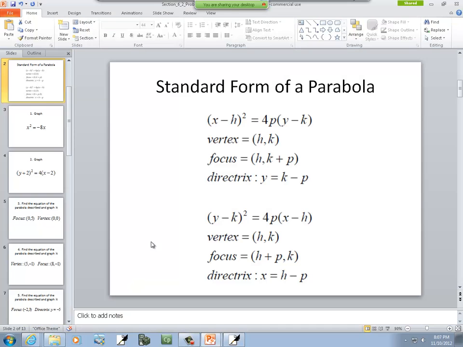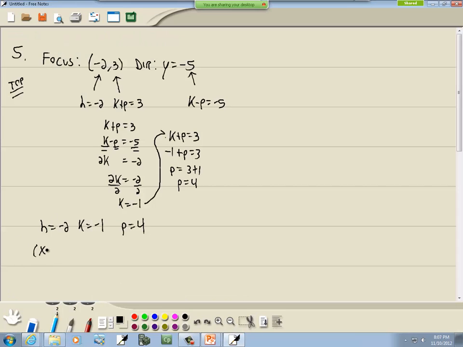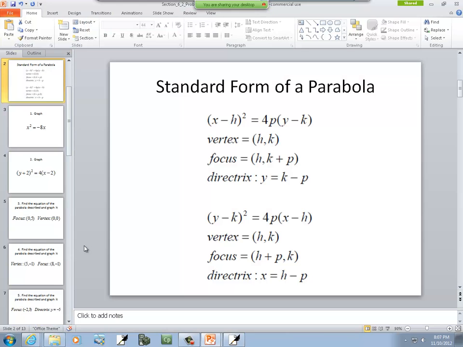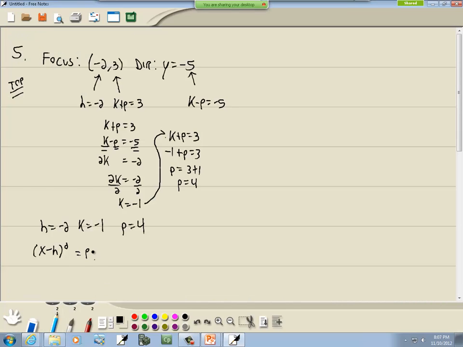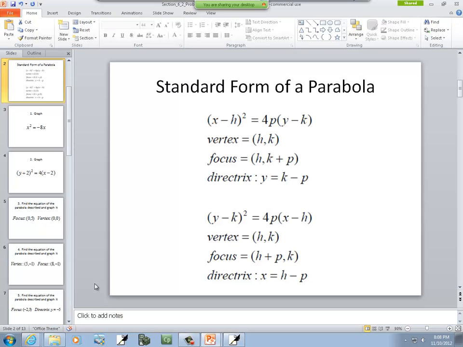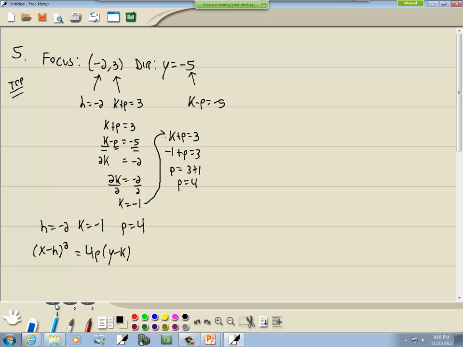Okay. Now we started dealing with the top formula. So we got x minus h squared is equal to 4p times y minus k. Okay, so we got x minus h, which was negative 2 squared, equals 4 times p.